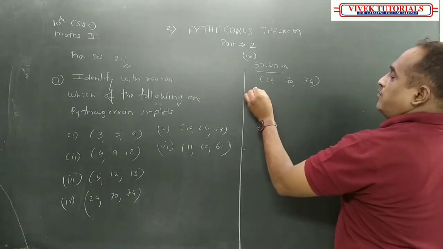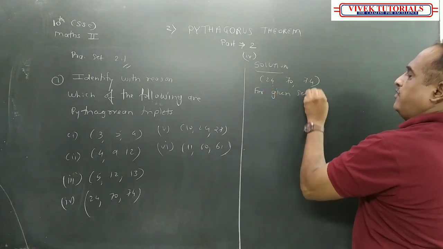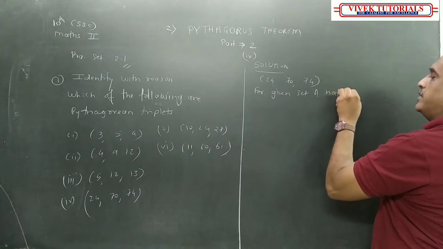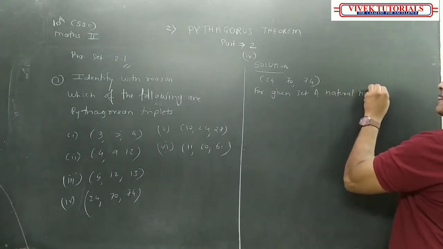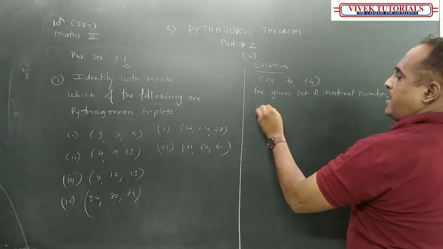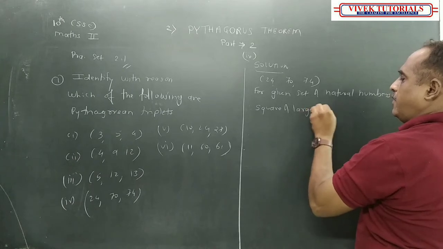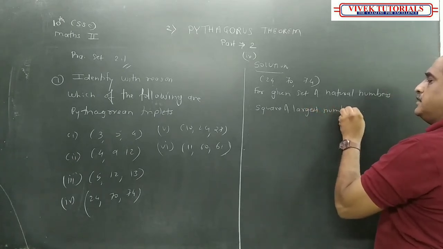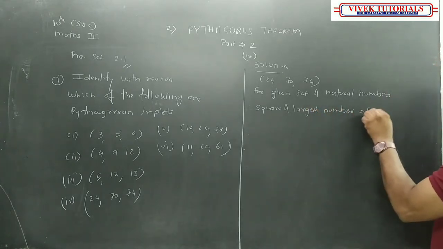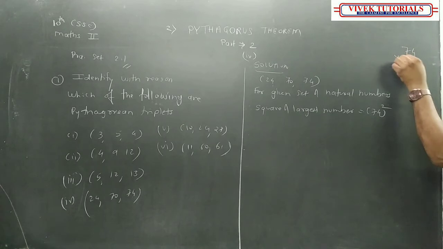Now, for the given set of natural numbers, square of the largest number is equal to 74 square. Unfortunately, we have to do this multiplication.